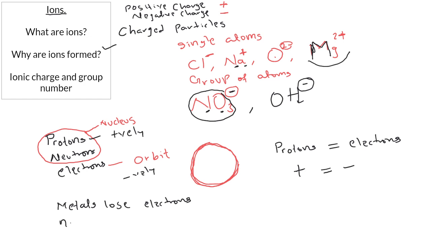And the non-metals, what would they do? If one is losing, non-metals will gain electrons. So now you see that our focus is on the electrons and not the protons or the neutrons at this time. Our focus is just on the electrons. So metals will readily lose electrons.